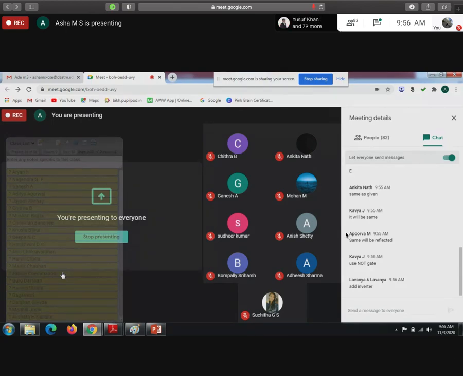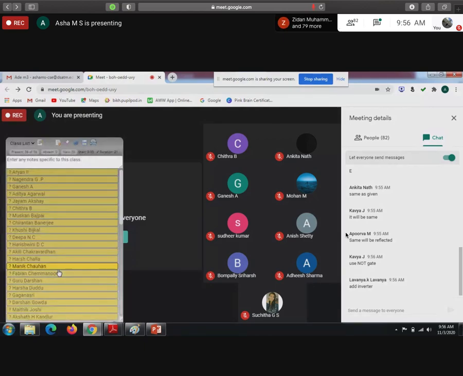Okay, so if you want to invert at the input side, instead of inverting at the input, can we invert at the output side? Because if it is at the input side, for every input you need to add an inverter, since you may have 4, 8, or 16 data inputs.